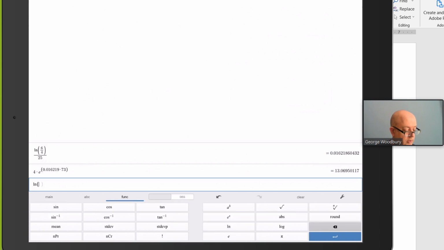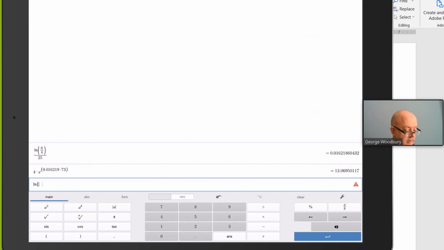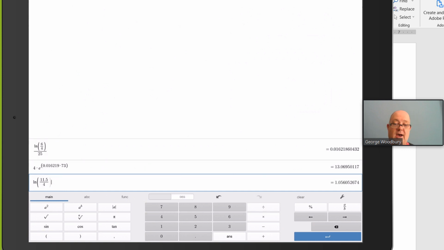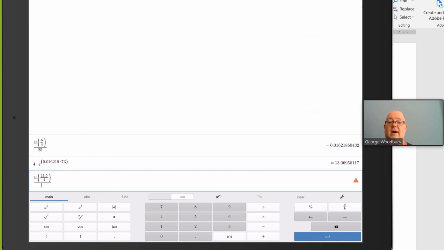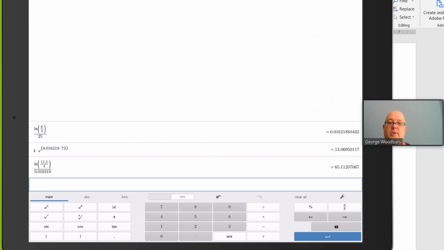Function natural log, back on the main, in the parentheses, that's 11.5 divided by 4. Tap outside the parentheses, divided by, now we want to use that value of k again, 0.016219. And we get 65.1.